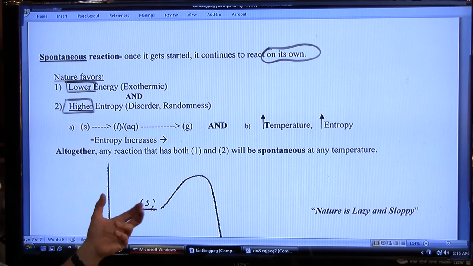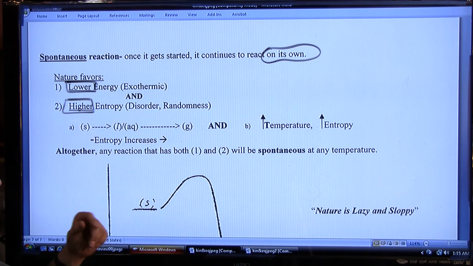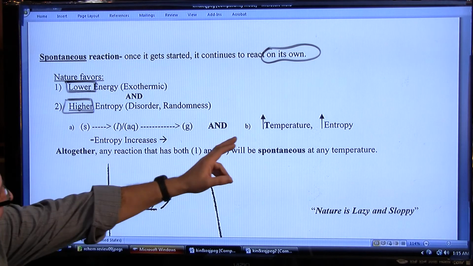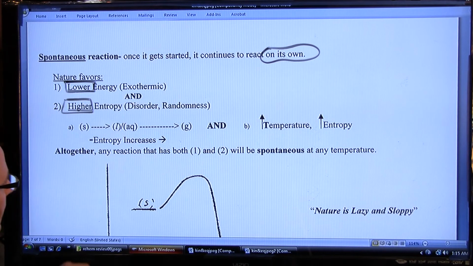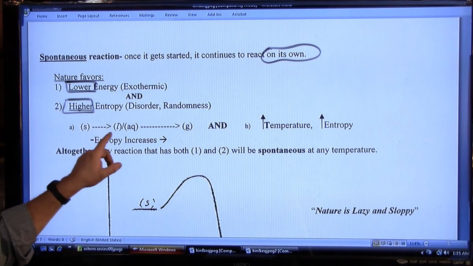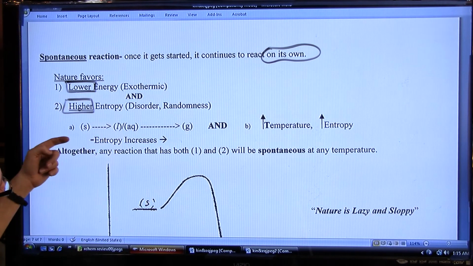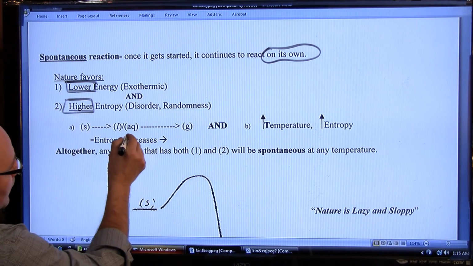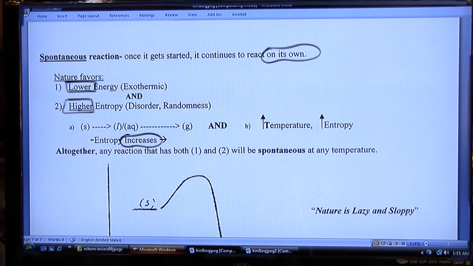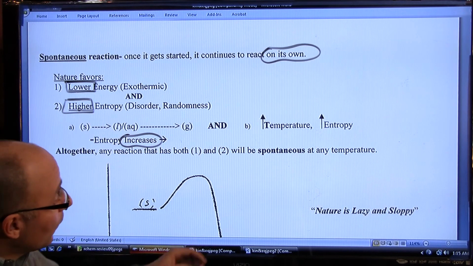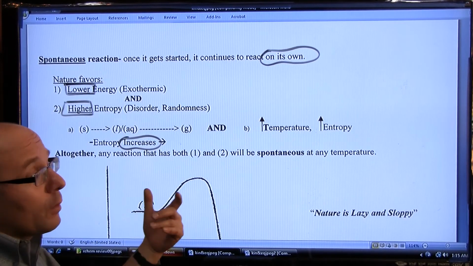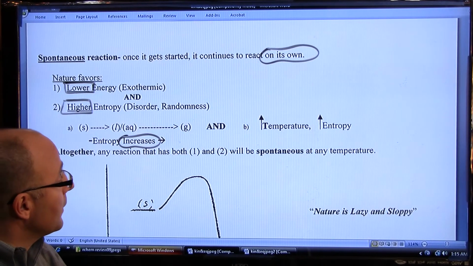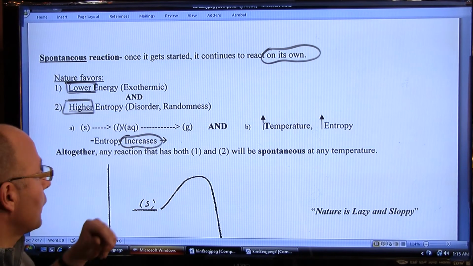And there's a number of ways to follow or track entropy. Two ways you should know are, A, when you look at the phase changes as you go from solid to liquid or aqueous to gas, entropy increases. There's more disorder, so nature favors that direction. And also, if you increase temperature, you increase entropy, since particles will have more kinetic energy at a higher temperature, more motion, more disorder.